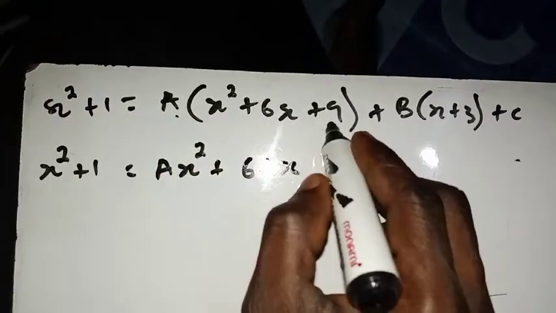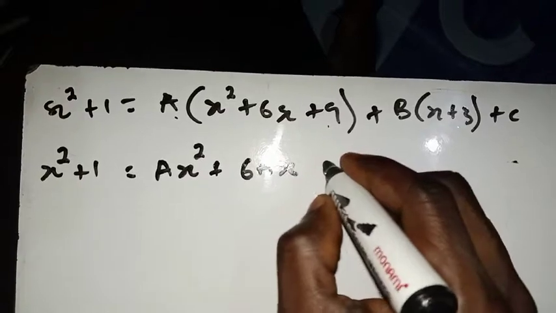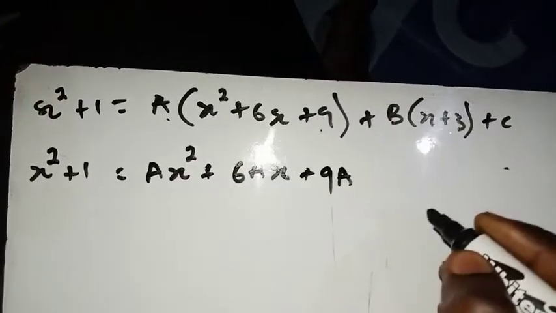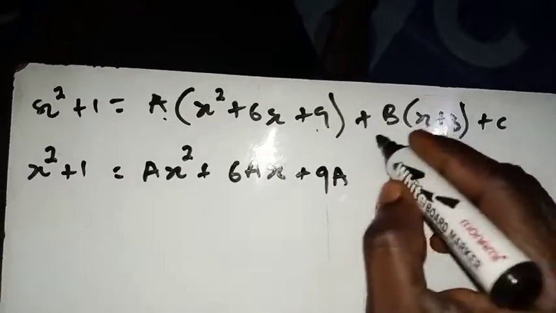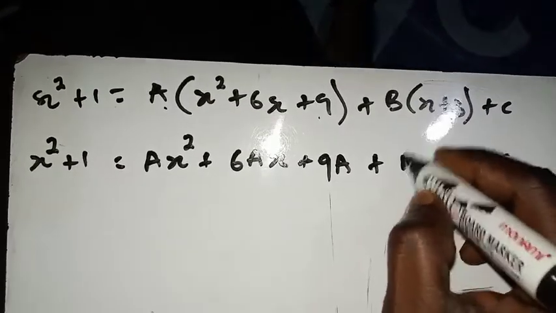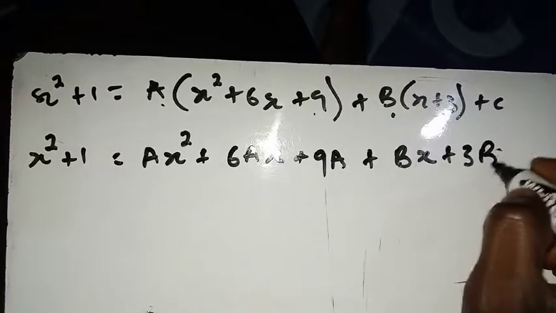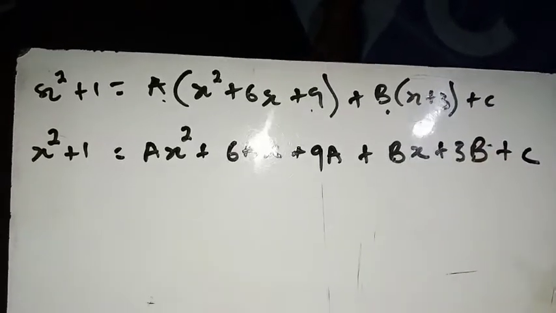So this one multiplied by this will give us positive 9A. Okay, now from here that will give us Bx, and then this one multiplied by this will give us 3B, and then finally we have this, right?